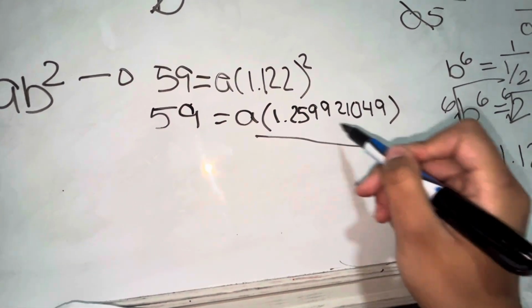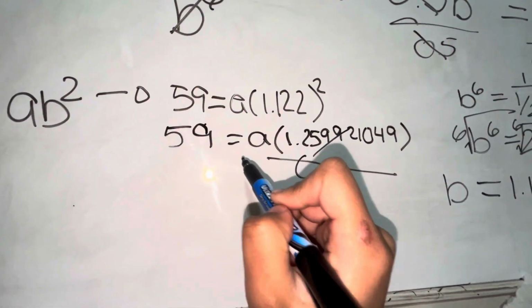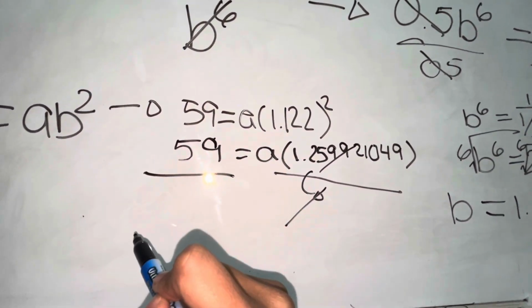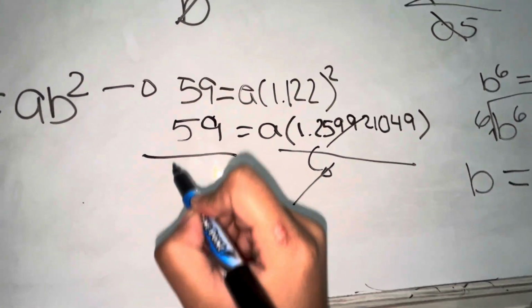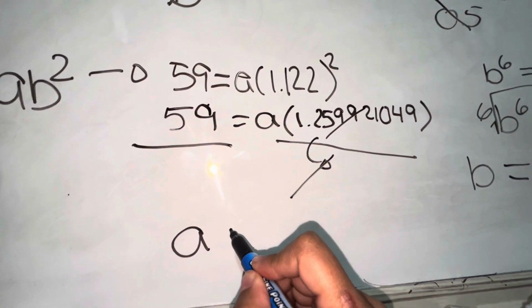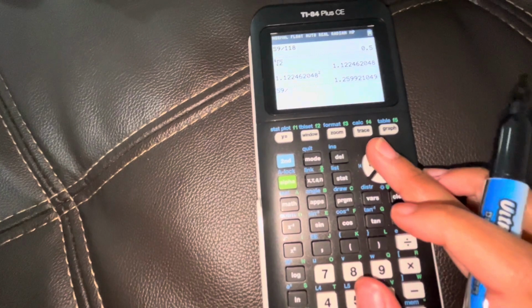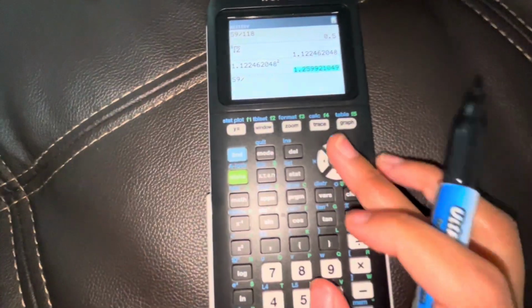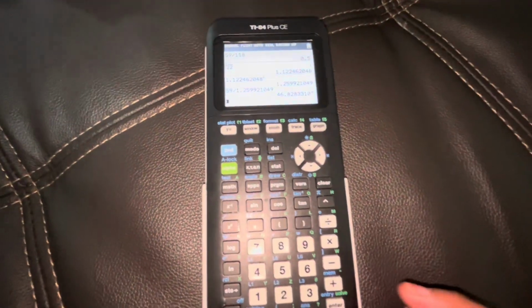So you're going to divide that on both sides, so that will cancel each other out, and then you're also going to divide it by 59. So then what does a equal? You're going to do 59 divided by that. So let's type in 59 divided by, and again, you can just go up and put in the same expression, and it'll come out just like that.